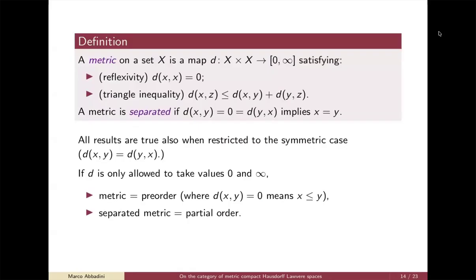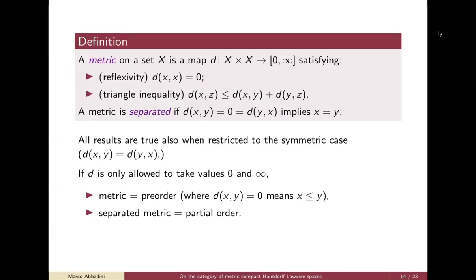Okay, so for this talk, a metric will be a map from X times X to [0, infinity] which is reflexive, so the distance between x and x is 0, and satisfying the triangle inequality. It's called separated if the distance between x and y in both directions being 0 implies x equals y.